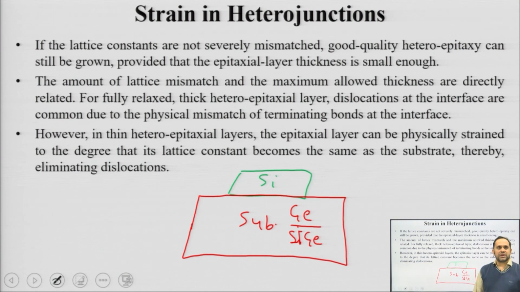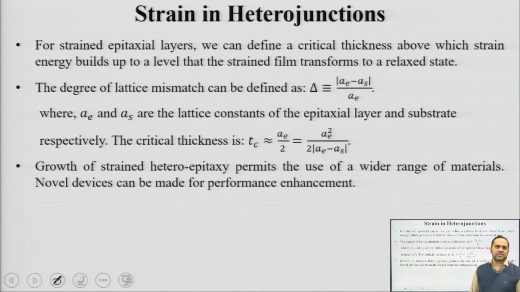But the idea here is that the thickness of this material should not exceed a certain value known as critical thickness. The degree of lattice mismatch, the amount of mismatch which might exist between these two semiconductors in the heterojunction, can be measured as the absolute difference in their respective lattice constants.